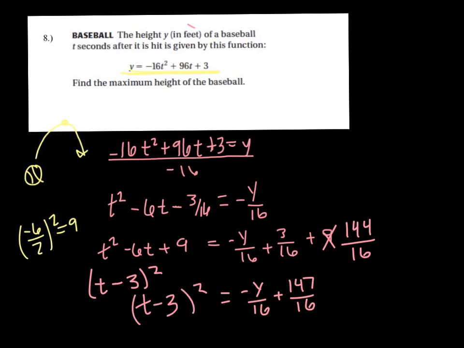So we need to subtract the negative 147 over 16 over to the other side because we're trying to get y by itself, correct?